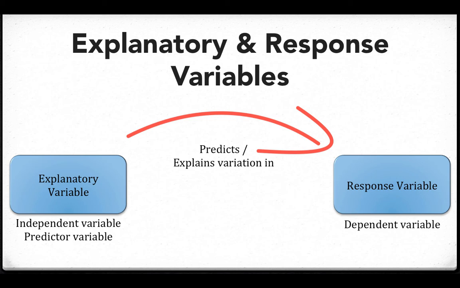Not all studies will have an explanatory and a response variable. Sometimes in observational studies, we're just looking at the relationship between two variables with no question about one causing or leading to the other. But in cases when one variable is predicting or explaining variation in another, the explanatory predicts the response.